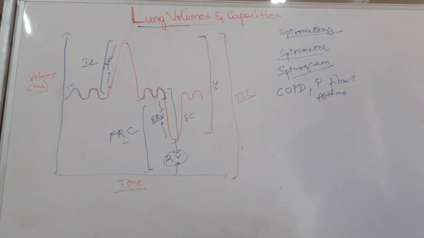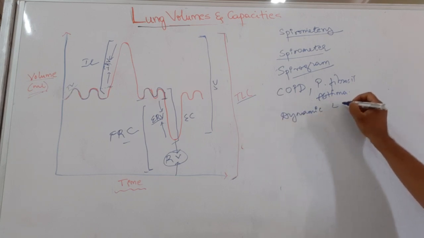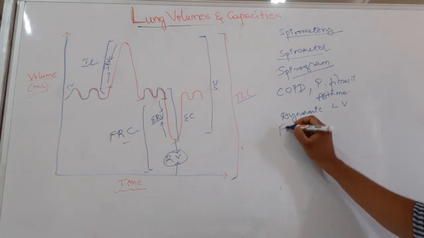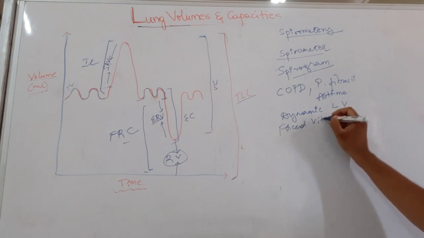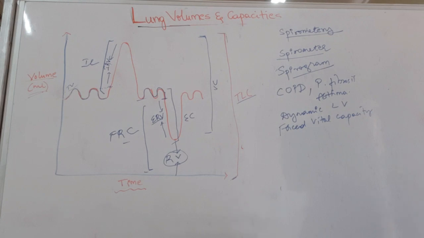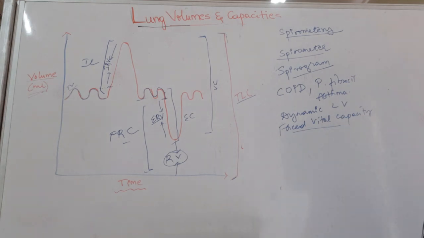Here the dynamic lung volumes are mostly measured, which include the forced vital capacity. It is the air that is expired rapidly after maximum inspiratory effort.